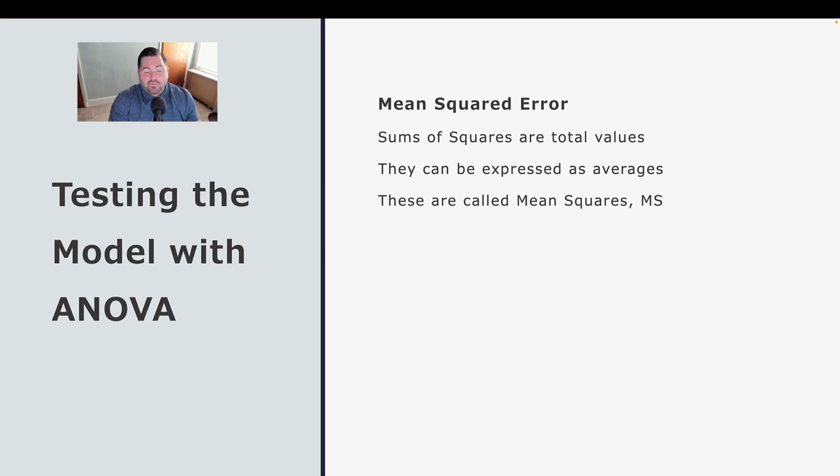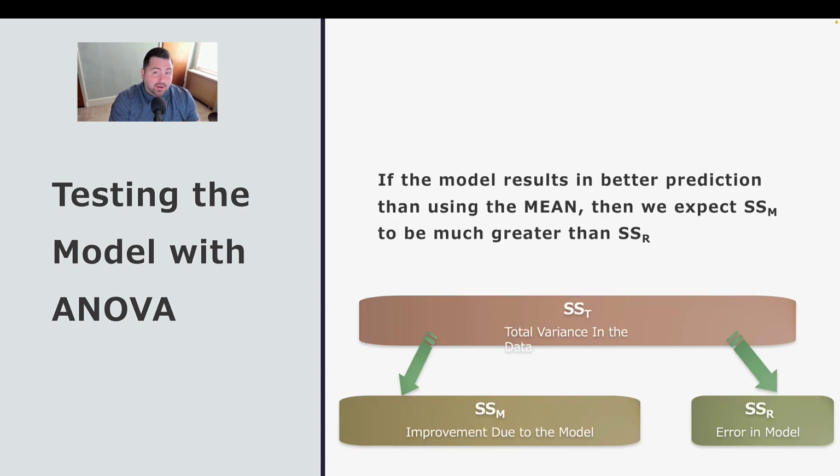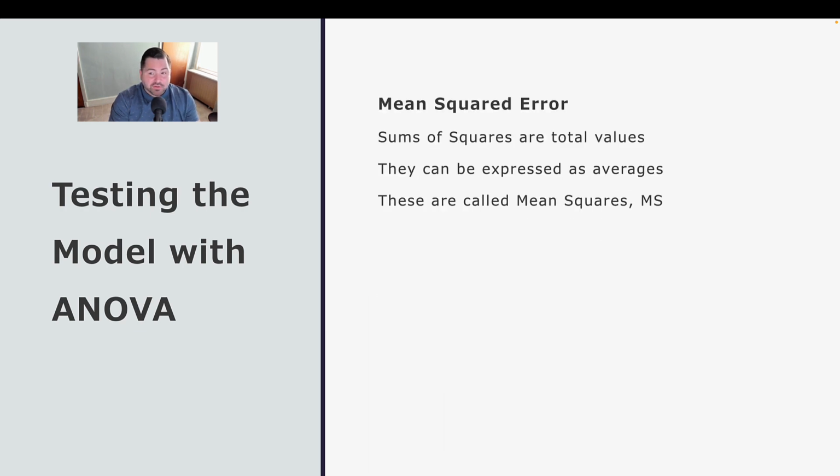Part of what we need to think about is what's known as mean square error, right? We need to be able to take it from sum of squares total. And we talked about how we like to use and reference things in terms of mean squares or average squares. So how do we calculate that? We take the sum of squares values for the model and we divide it by its degrees of freedom. Similarly, for the sum of squares residual, you divide it by its degrees of freedom to get mean square residuals.